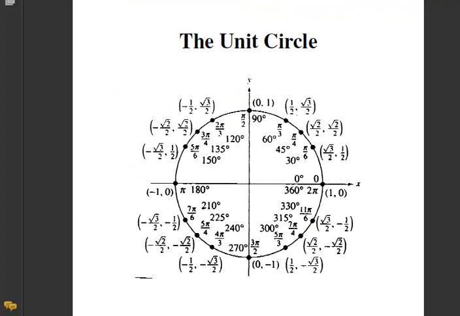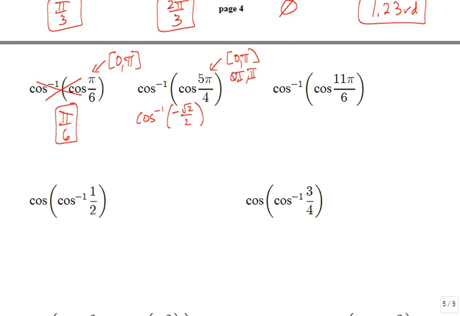It would be the angle in quadrant 2, because that's how we get negatives, and it would have to be right here, and that's the angle 3 pi over 4. So the only angle we're allowed to give for our answer is 3 pi over 4, because that's the only angle within this range, 0 to pi, that has cosine value equal to negative root 2 over 2.